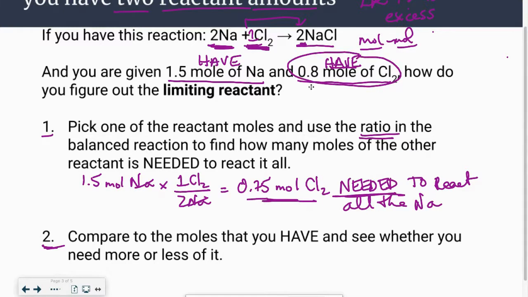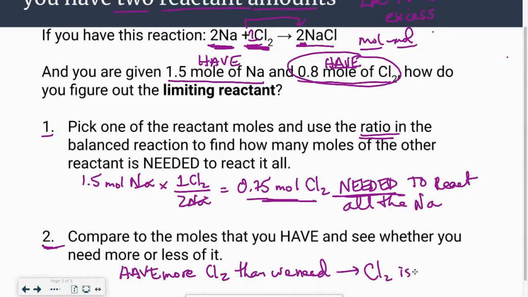And guess what? We have 0.8 moles of Cl2. We've got more than 0.75. We have more Cl2 than we need. When that happens, that means Cl2 is the excess.